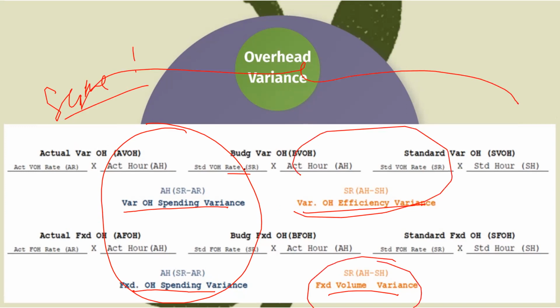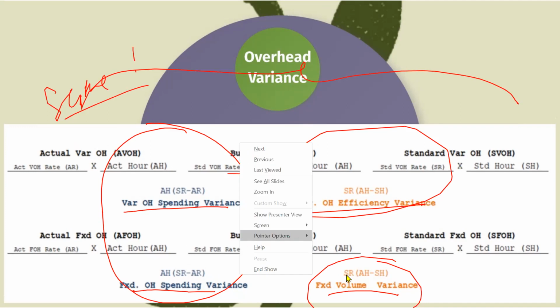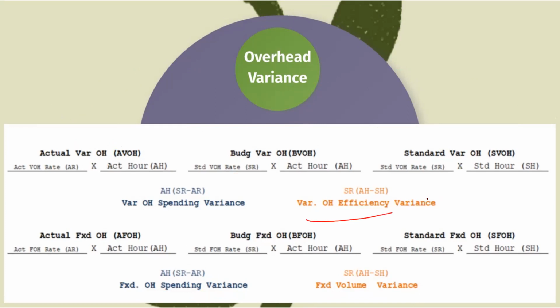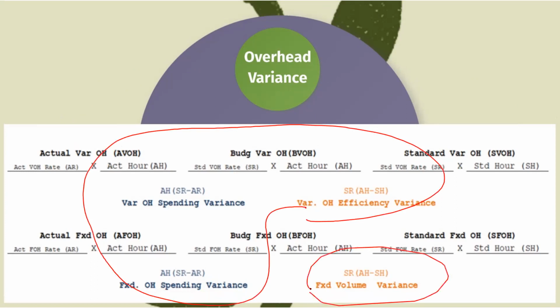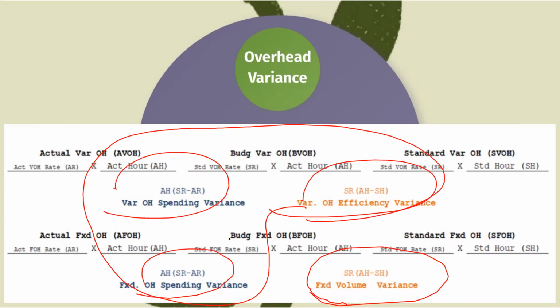Again, what is your two-way? We go back. Okay? Your two-way is efficiency plus spending plus fixed spending versus the fixed volume. That's your two-way. Okay? Now, try to combine the three. Variable efficiency, variable spending, fixed spending.